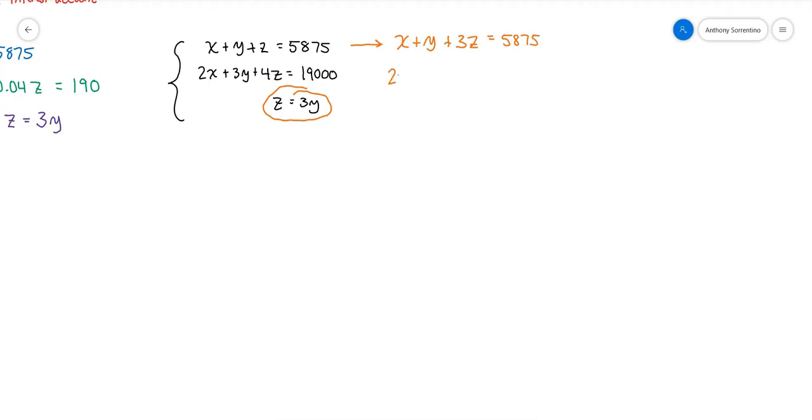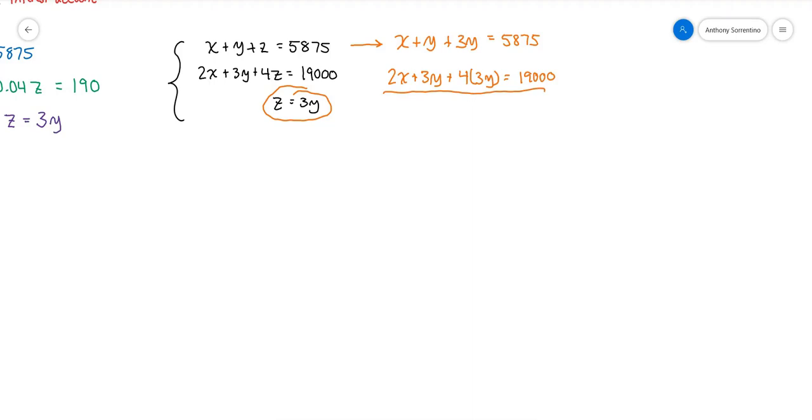This one could be rewritten as 2x plus 3y plus 4 times 3z, or take that back. I should just say 3y. I think I said 3y and wrote z. 4 times 3y equaling 19,000.